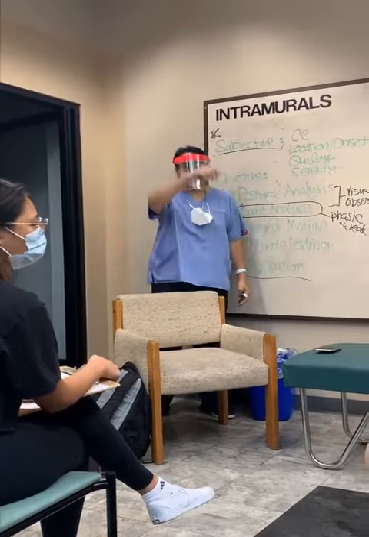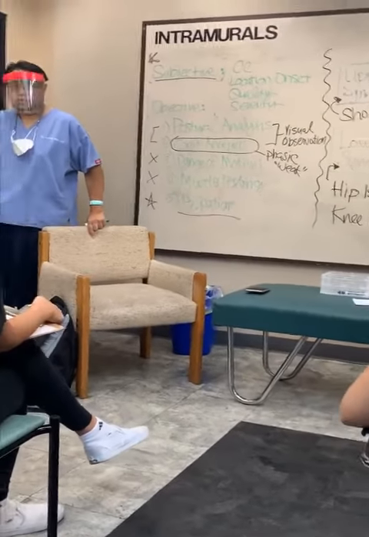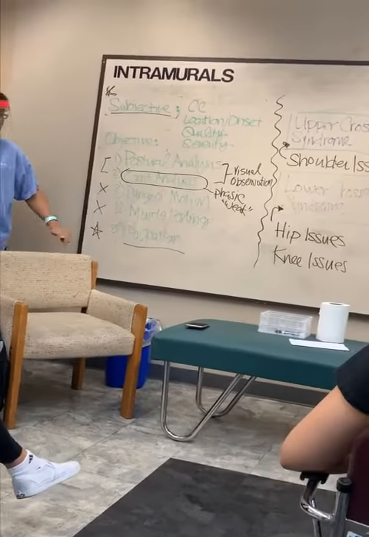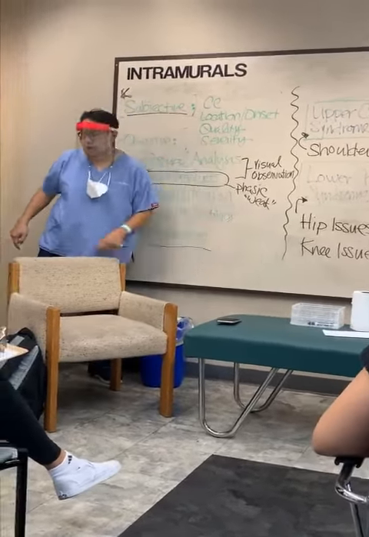If someone has hip issues, you can have them do hip range of motion, right? If someone has knee issues, knee is only flexion and extension, right? So you can have them do those ranges of motion, but basically, I want you to be able to do cervical and lumbar range of motion, okay?